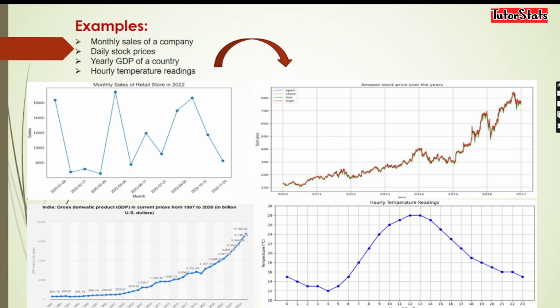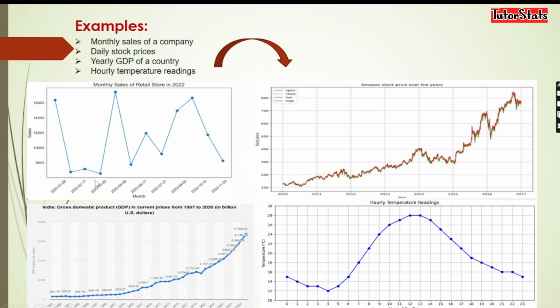Now that we understand what time series data is, let's make it even clearer using real life examples. The first example is monthly sales of a company. Here the time unit is months and the value we observe is sales. For example, January sales, February sales, and March sales.